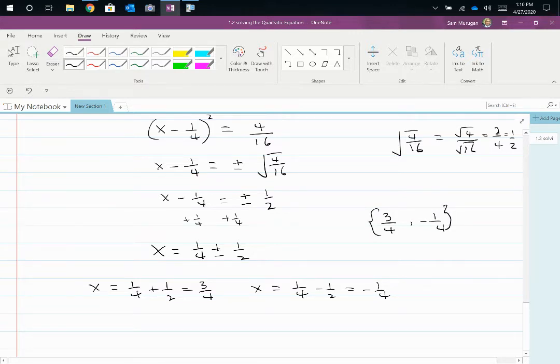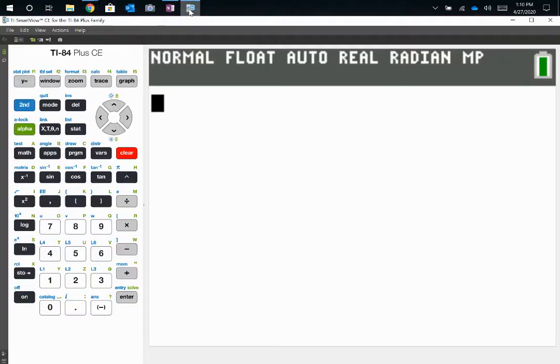If you're not sure about fractions, you can always use your calculator to do fractions.